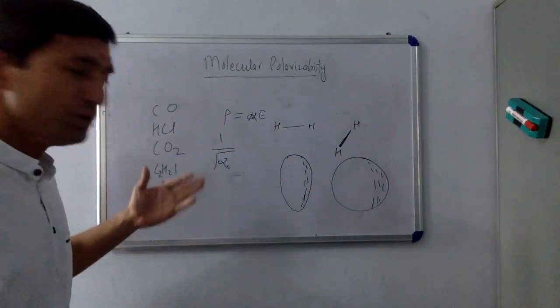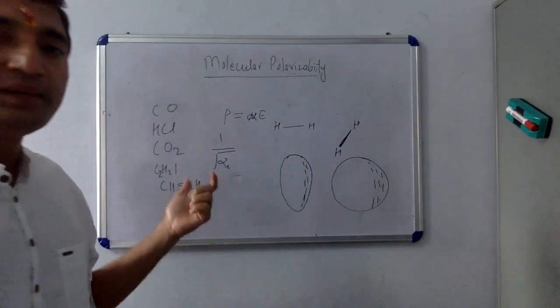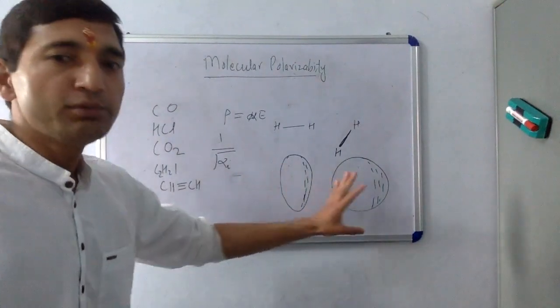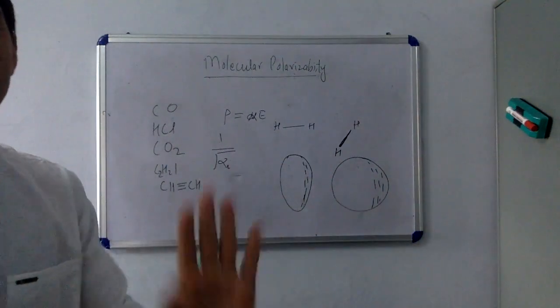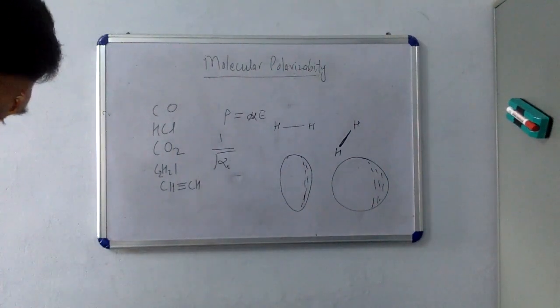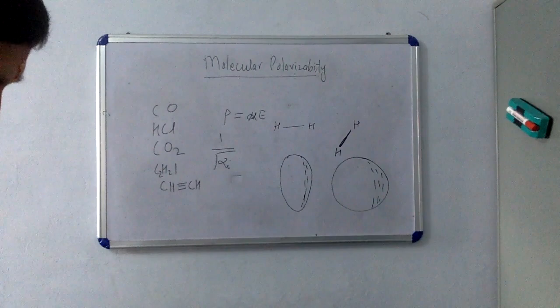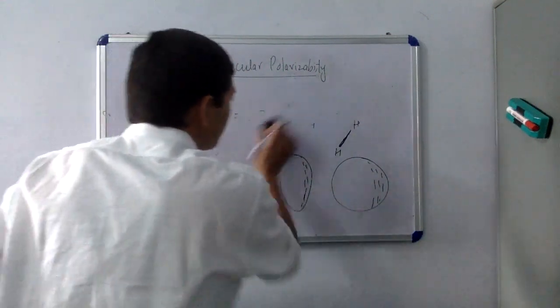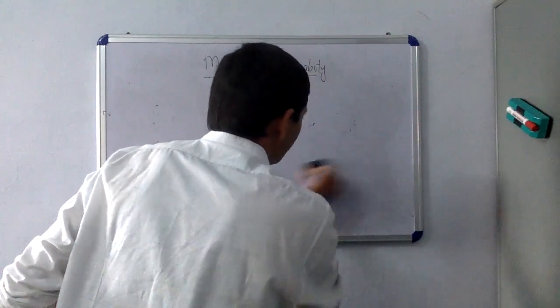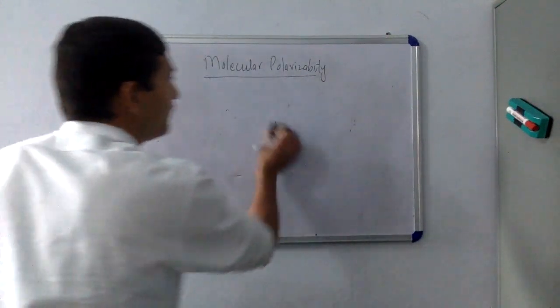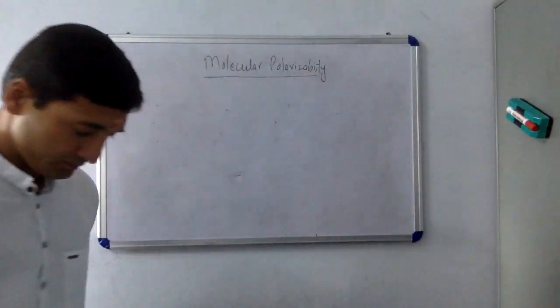For these molecules, the values of the major axis and the minor axis may vary, but the shape will remain the same for the simple diatomic linear molecules. Now, this is a simple diatomic molecule. Then we'll see the symmetric top molecules and other molecular structures.